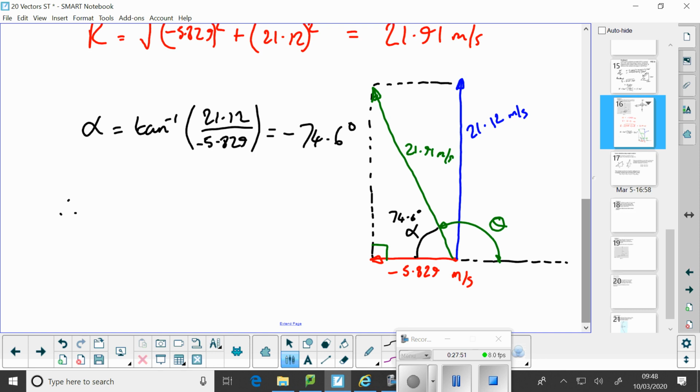Therefore, the angle we're looking for is 180 minus 74.6, which equals 105.4 degrees.